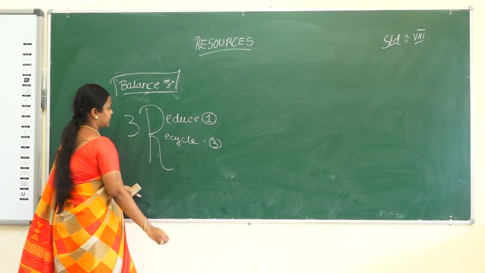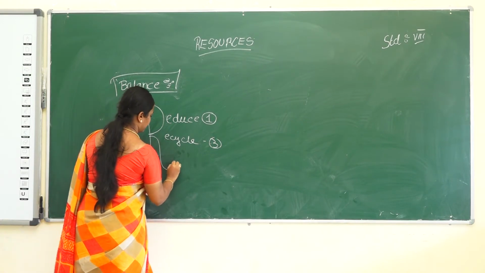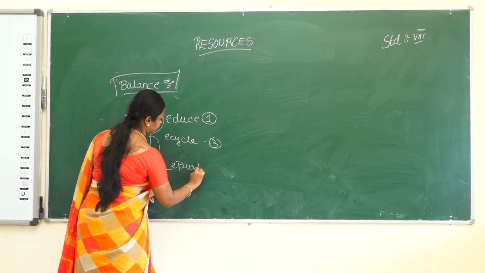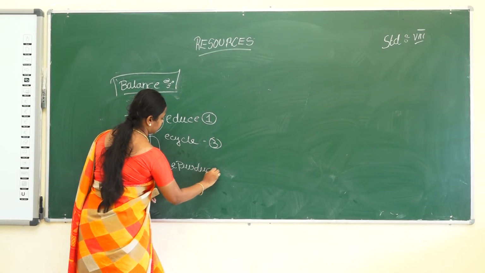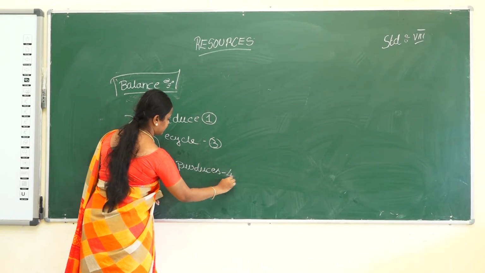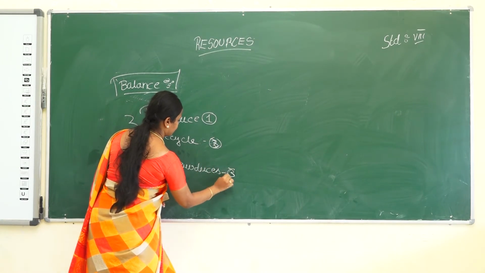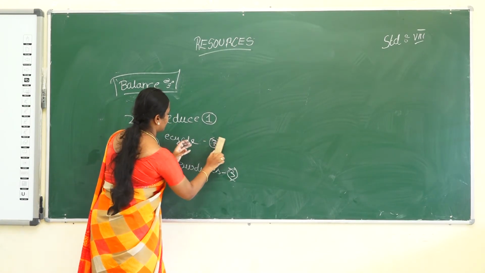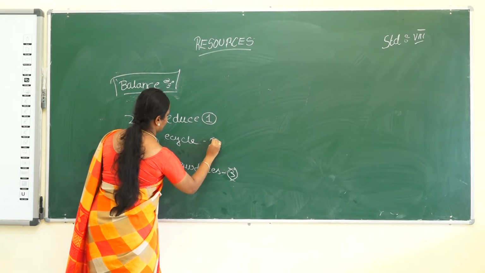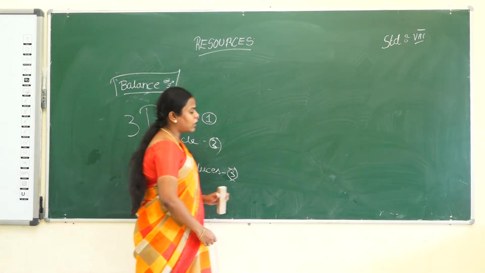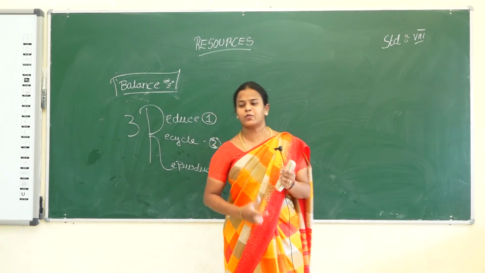And the third one is reproduce. First one is reduce. According to the human needs, it should be reduced.